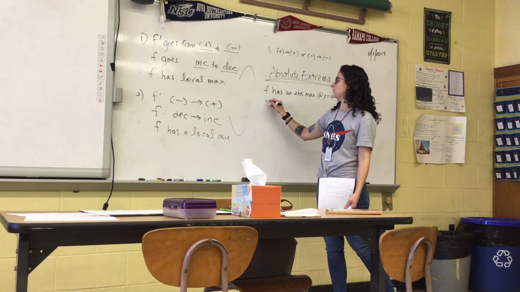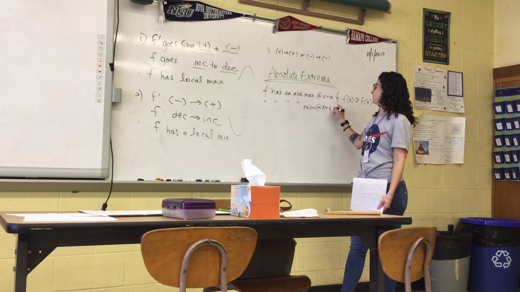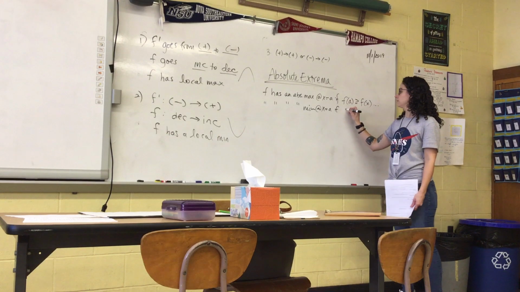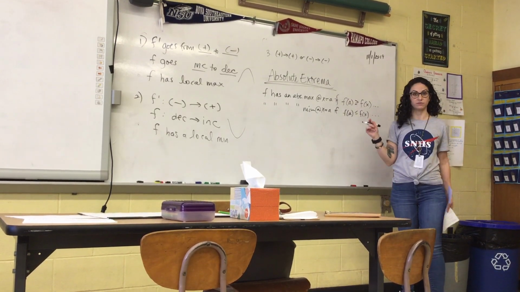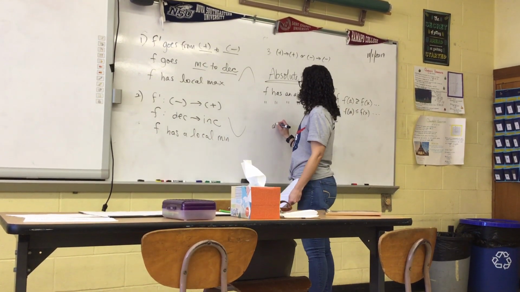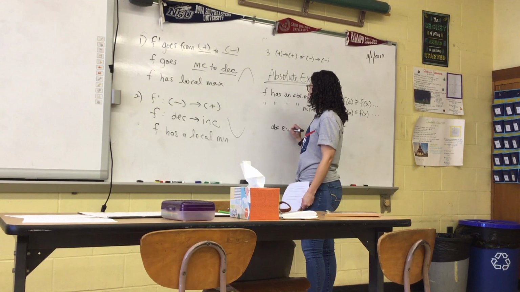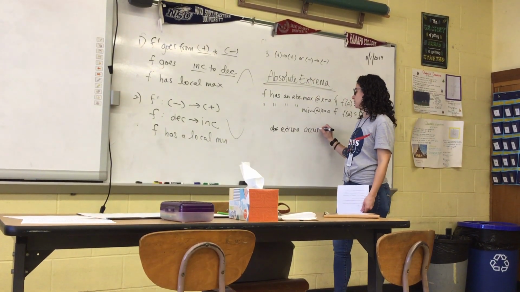Okay, and then f has an absolute min at x equals a if what? f of a is less than or equal to f of x for all x in the domain of f. Okay. Absolute maxes and mins, absolute extrema, can occur at where?